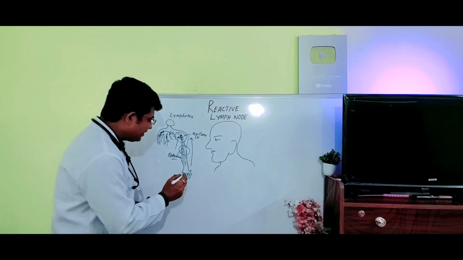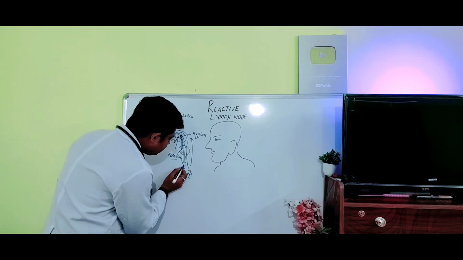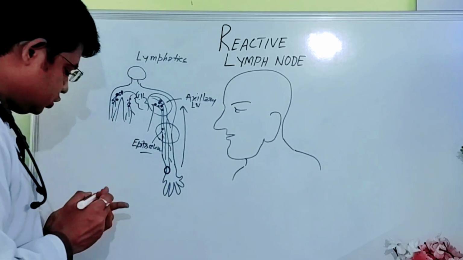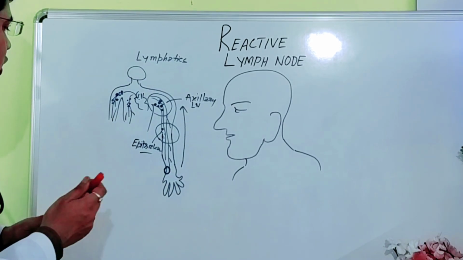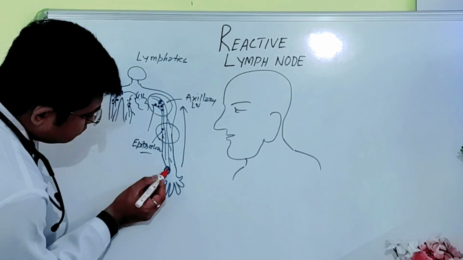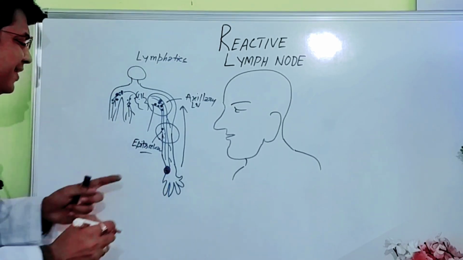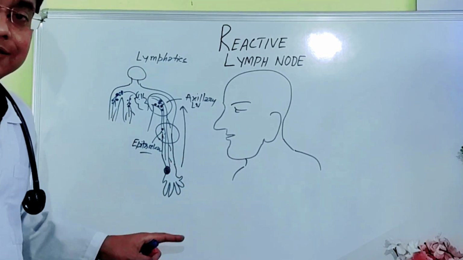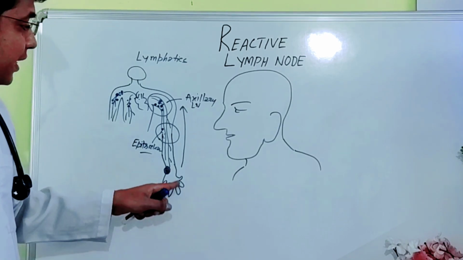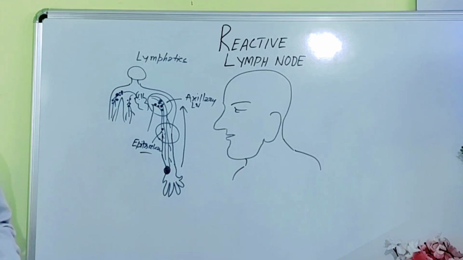Now suppose there is an injury or infection or cut injury involving a distal part of our body. Suppose at this portion near the wrist there is a cut injury and a bacterial infection at that region. Now what happens?